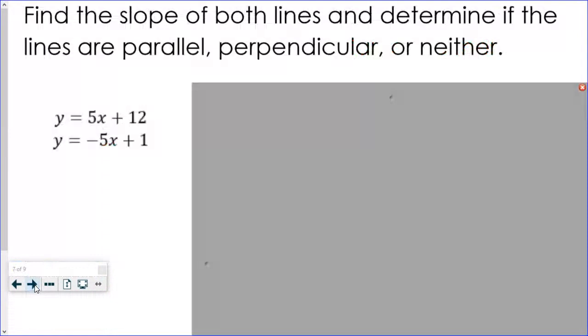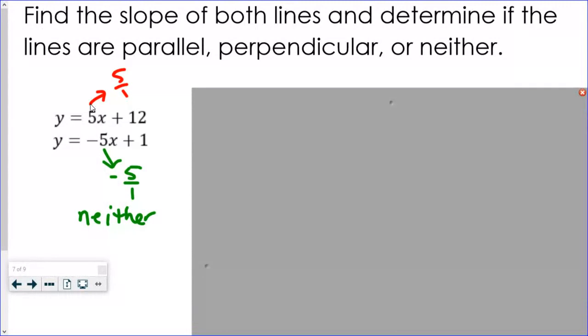Okay, says find the slopes and determine if they're perpendicular, parallel, or neither. Okay, so the slope here is 5 over 1. The slope here is -5 over 1. They are opposites. They are not reciprocals, so that would be neither.